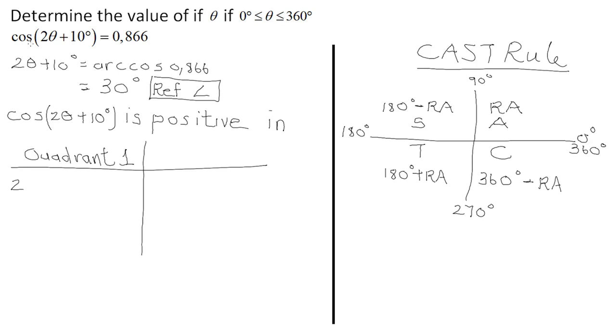So that angle there, 2 theta plus 10 degrees, is equal to your reference value of 30 degrees. Now, you must first remove the term and then the coefficient in order to find theta. Only now you find theta, not there.